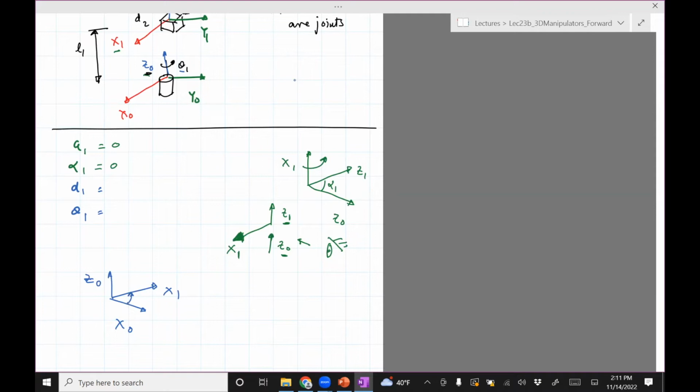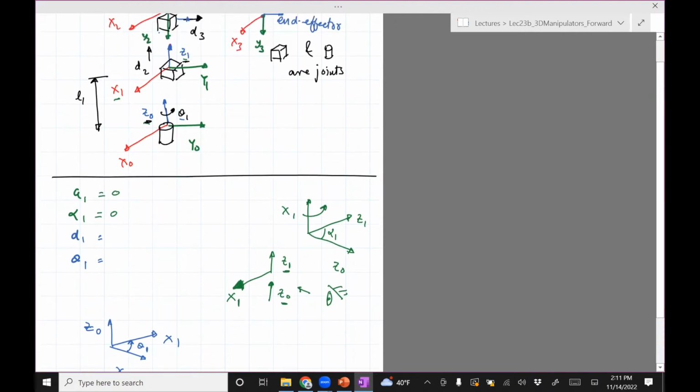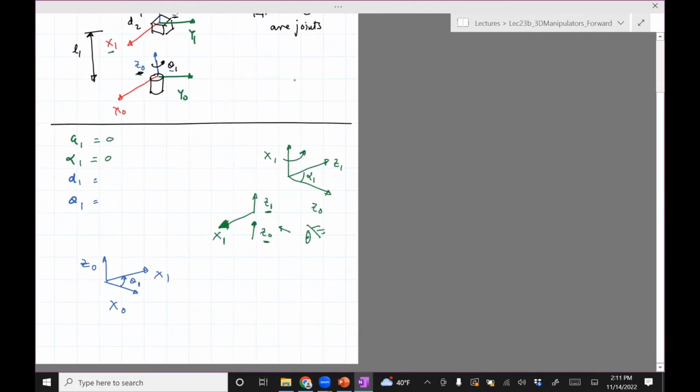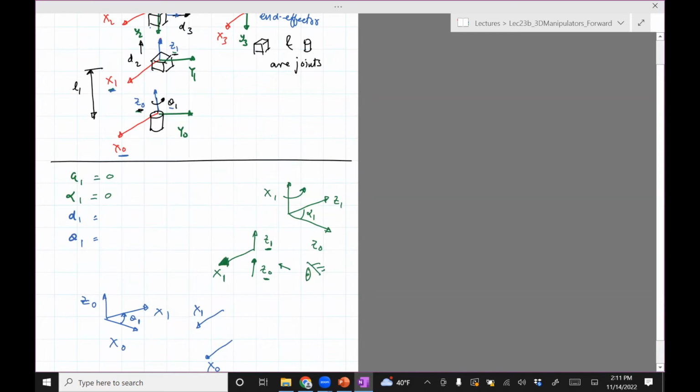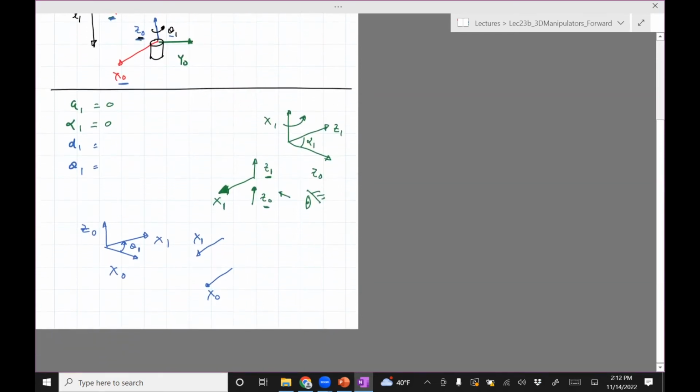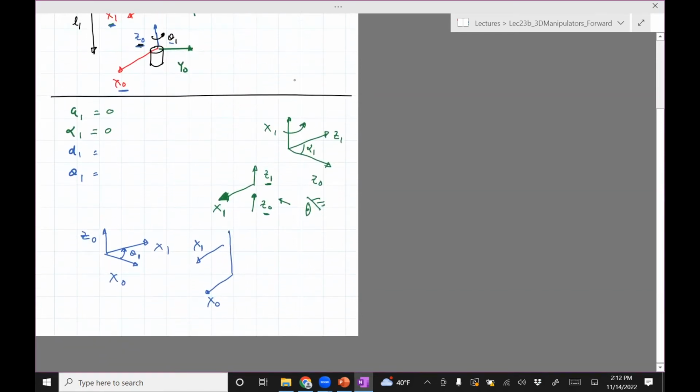Theta_i, or theta1, is the angle between x0 and x1 about the z0 axis. So we have x0 the way it is here, we have x1, and then z0 is at right angles.